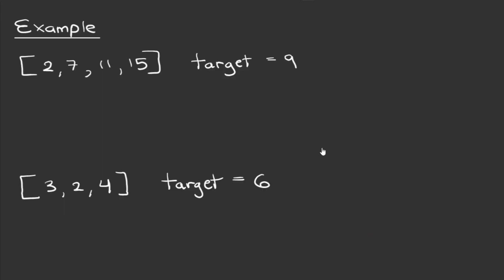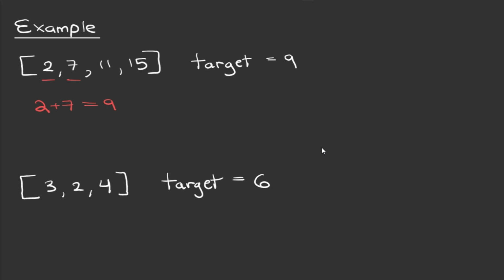To illustrate this problem more clearly, we can go through a few examples. For this one, we're given the integer array 2, 7, 11, 15, and the target is 9. We want to find two elements in this array such that they add up to 9. It's not too hard to see that the two elements are exactly 2 and 7, because 2 plus 7 equals 9.